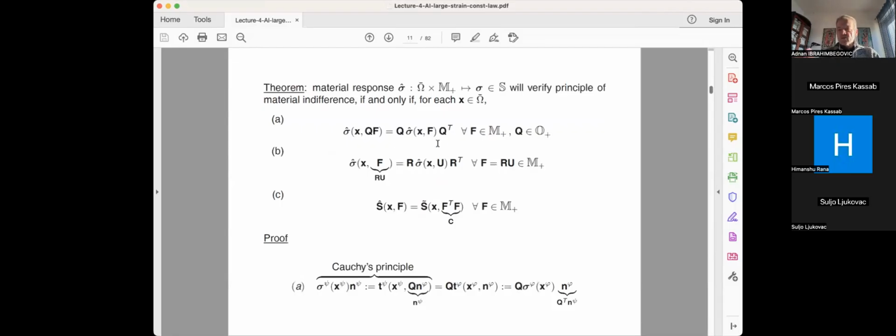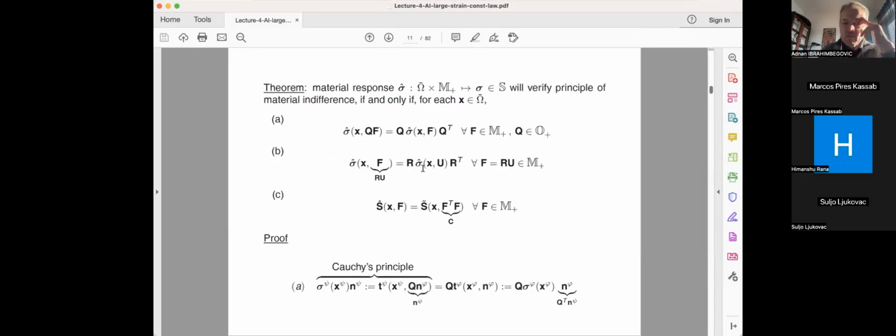And if I choose a special choice of rotation that corresponds to the one in the polar decomposition, then I can write it in the reduced form as such. And then finally, it turns out that this is automatically verified if I now transfer this back to the initial configuration.